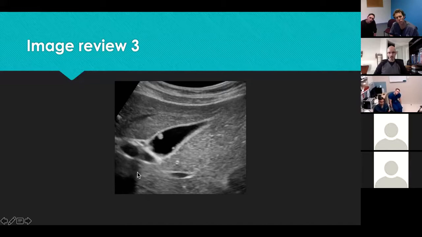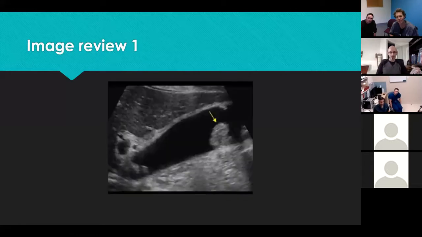Excellent. And as you mentioned, changing the position of the patient, see if it moves or not. If it moves, it's a small stone. Again, on exam technique, I've heard a lot that they expect us to say what would be our primary diagnosis and then what would be the differential diagnosis.